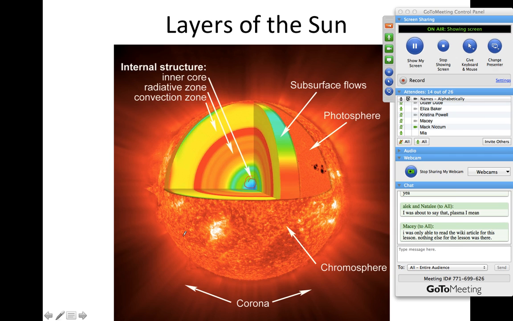Plasma is the most common state of matter in the universe. Even though there is very little on the Earth that is in a plasma state, the most common thing in the universe is elements in a plasma state.